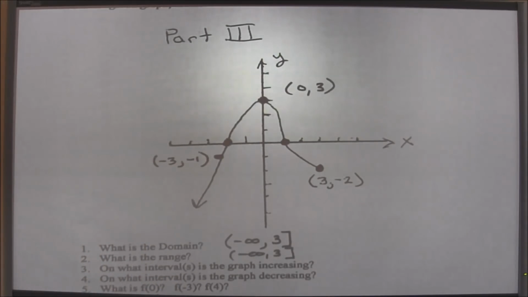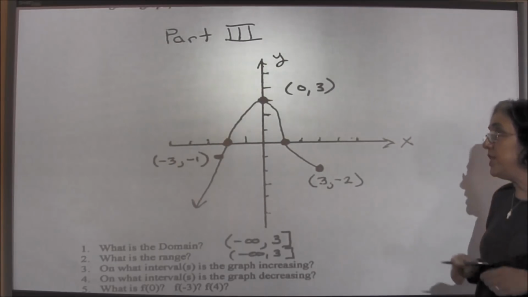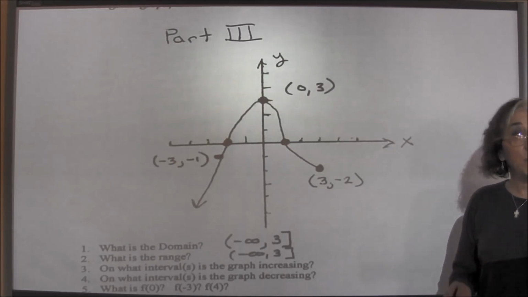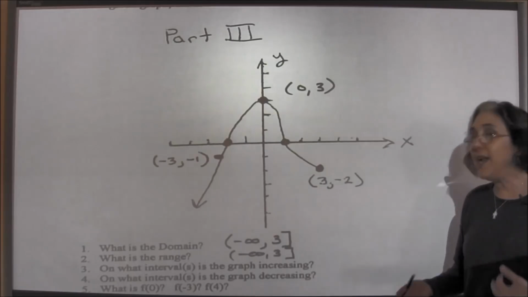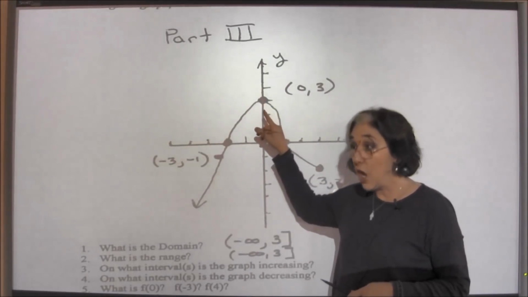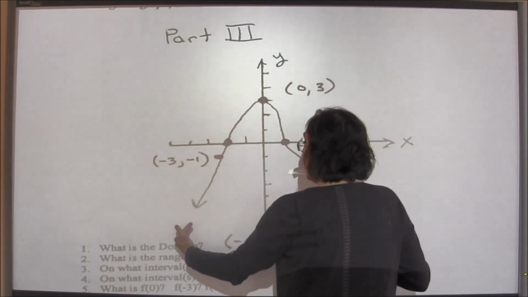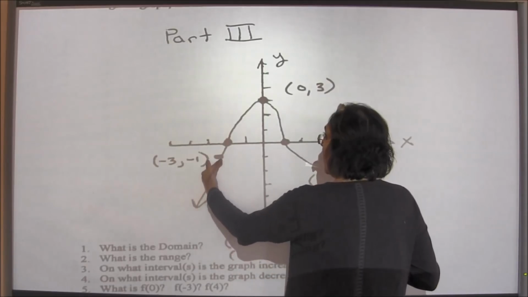Okay, now when you're asked on what interval or intervals is a graph increasing or decreasing, remember that's referring to x, because when we say increasing, we mean the function or the y value is going up as we come from the left to the right. So as we're going from left to right, this graph goes up, up, up, up, up.